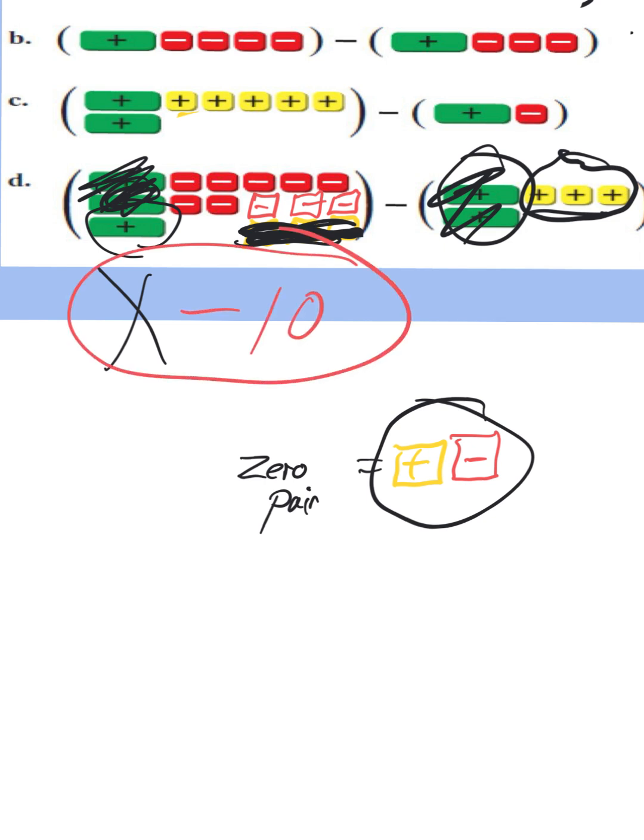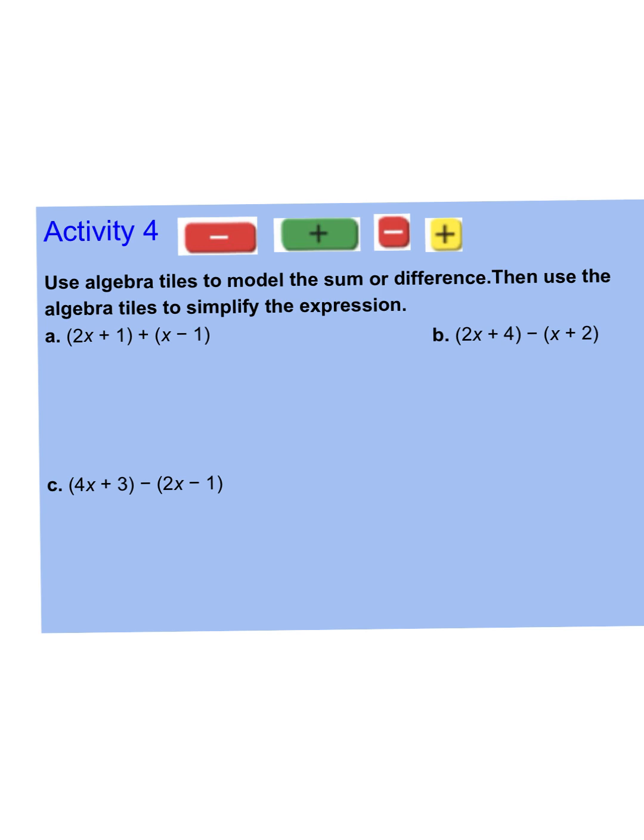Then I'm done. Okay, well now, what if they give us an algebraic expression and they want us to add or subtract it? Well, what we can do is use our algebra tiles to help us do that. So I'm going to do that on this slide. Question A. All right, we have, in one bag, 2 x's and 1 positive, and in the second bag, we have 1 x and 1 negative.